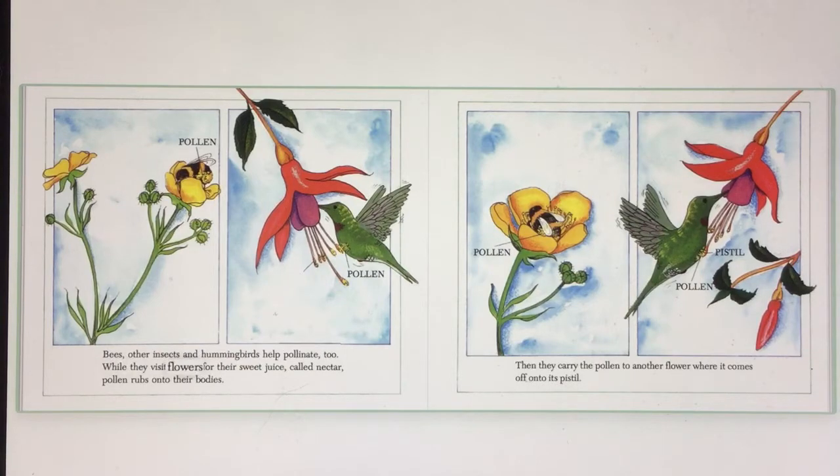While they visit flowers for their sweet juice, called nectar, pollen rubs onto their bodies. Then they carry the pollen to another flower, where it comes off onto its pistil.